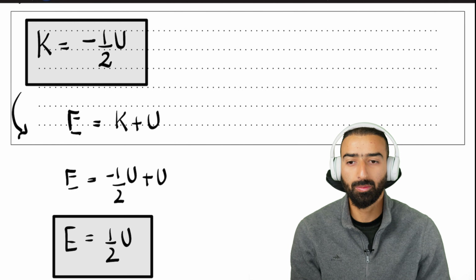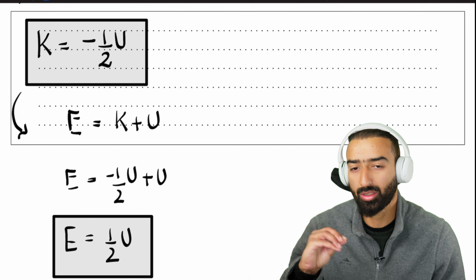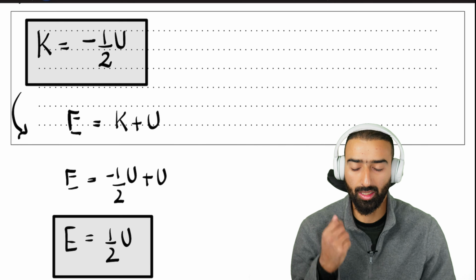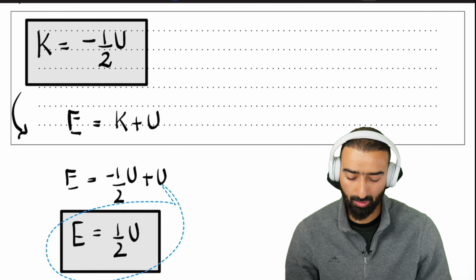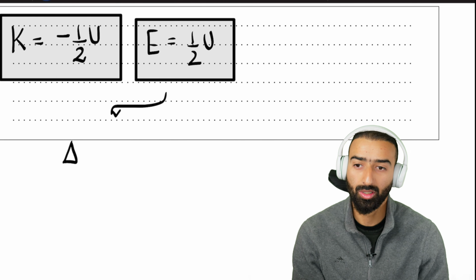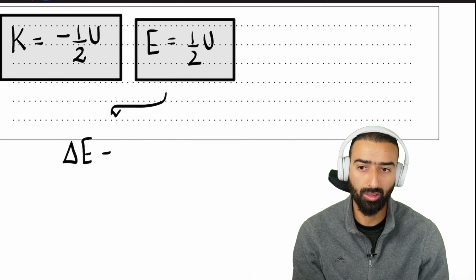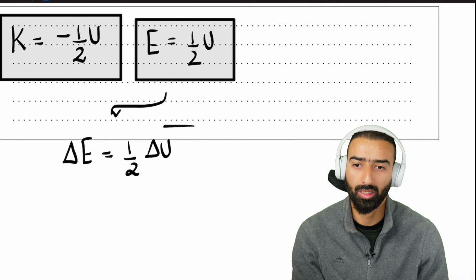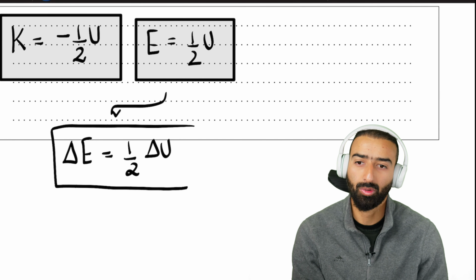This equation simply says the total mechanical energy of an orbiting satellite is half its potential energy. Let's place both these equations here. From this equation, we can realize that the change in the total mechanical energy of our system would be half the change in potential energy. That's yet another important equation.